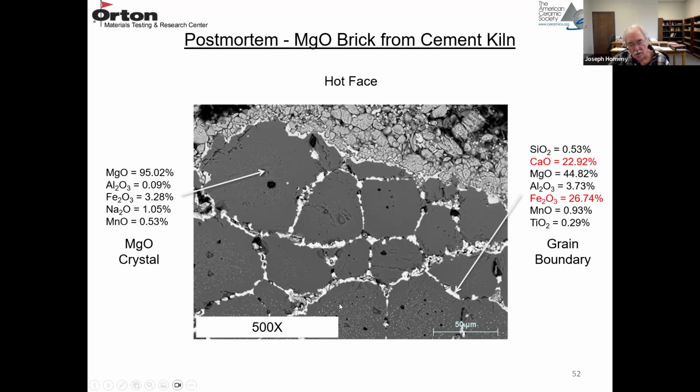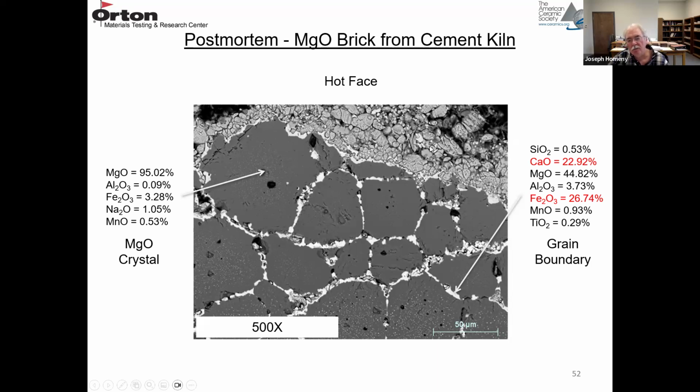You can see the little white spots. They're hard to see over here. They're a little better to see over here and maybe over here. Those are the iron precipitates, the magnesiowustite. And then the grain boundary phase is rich in iron. This is 26% Fe2O3.